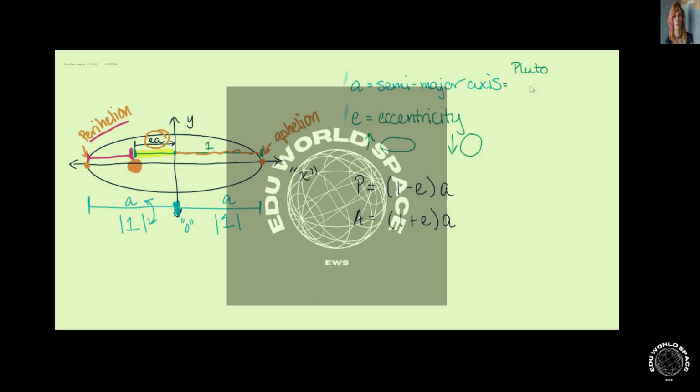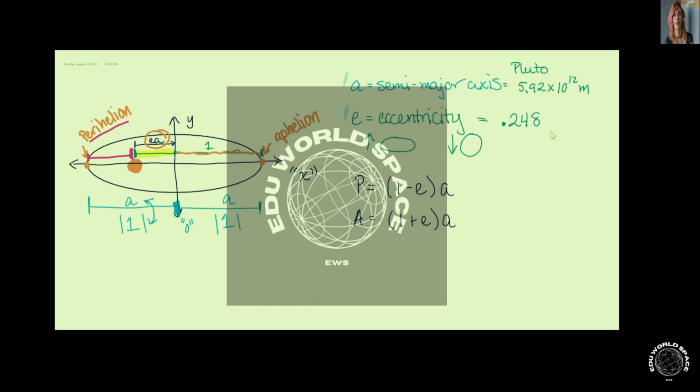Okay, so if we're talking about Pluto, Pluto has a semi-major axis that is 5.92 times 10 to the 12th meters. So that means that our A here is 5.92 times 10 to the 12th meters. The eccentricity for Pluto is going to be given as 0.248.